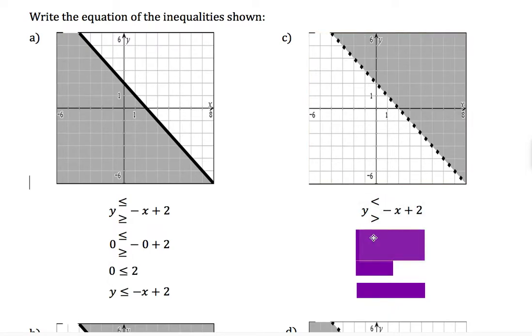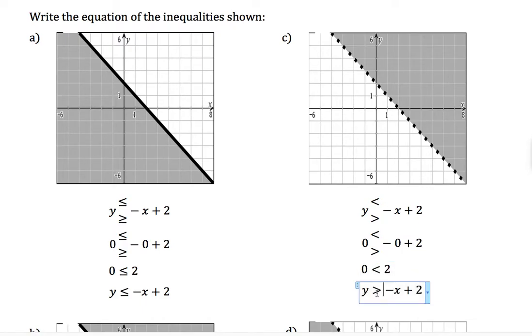Now over here, we can do the same thing with our (0, 0), but this time, I don't know why I did that. 0 is less than 2, which means I probably messed up over here. I sure did. Okay, so here, whoops, that was right.